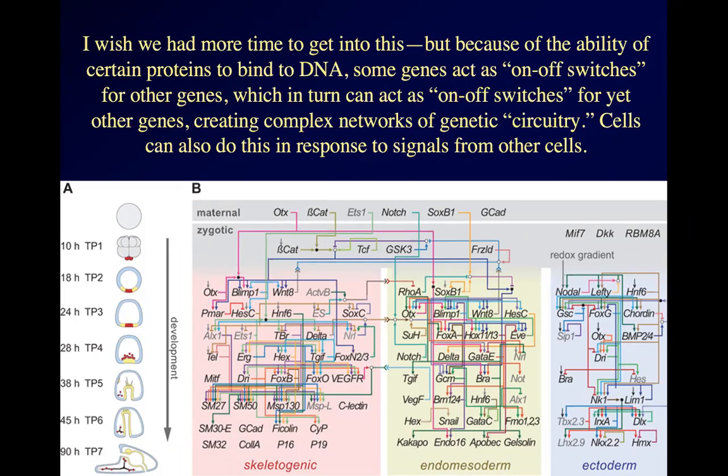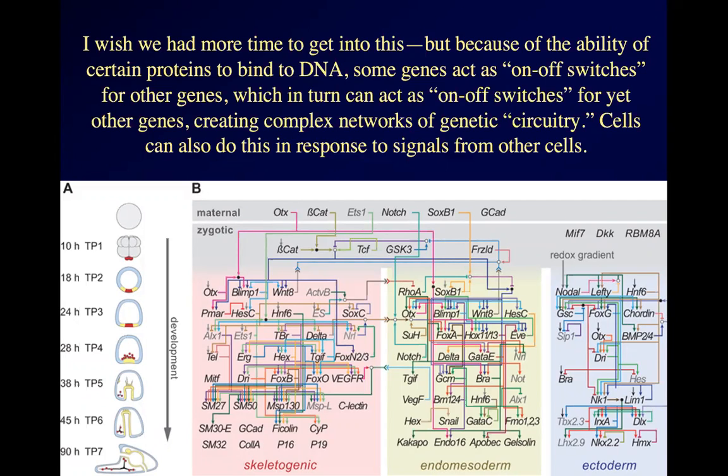Imagine some kind of complicated circuit board where if you flick one switch, that switch turns other switches on or off. And then that set of switches turns yet other switches on or off. So genes are able to regulate other genes.